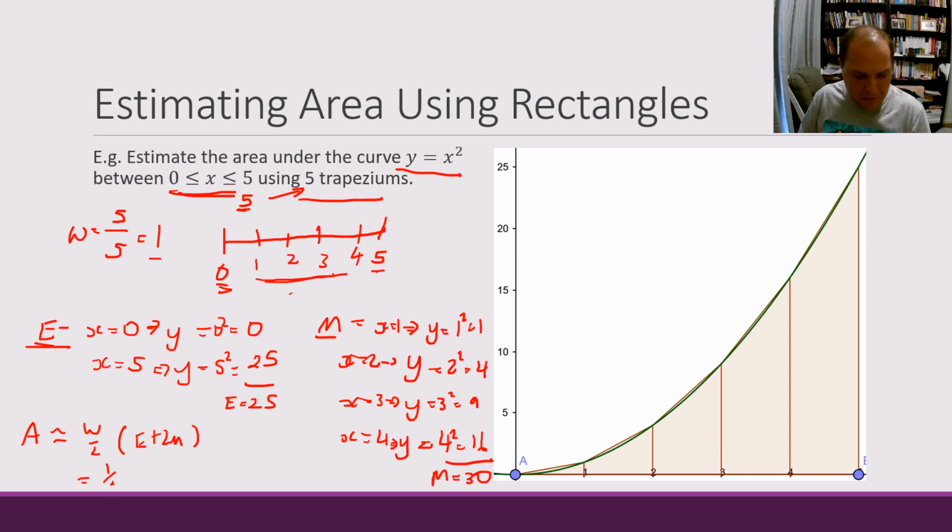It's going to be 1 over 2, my E values are 25, plus 2 times 30. 2 times 30 is 60. 60 plus 25 is 85, over 2, which is 42.5 units. And there's our solution using the trapezoidal method. That will give us a much better approximation for what the actual area under the curve will be, compared to using rectangles.